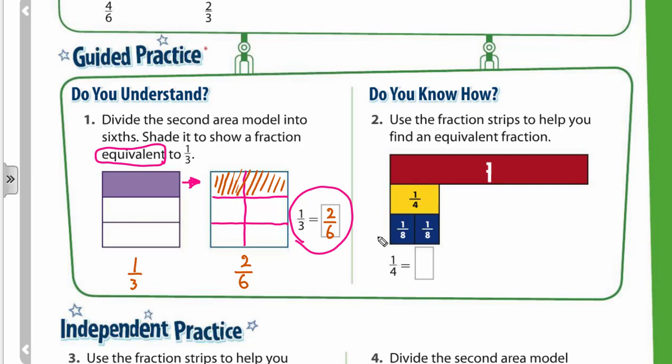Okay, my hero, in the second question, use strips to help you find an equivalent fraction. Okay, say it again. Great. Equivalent fraction.